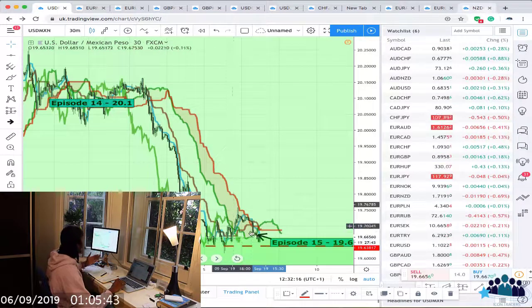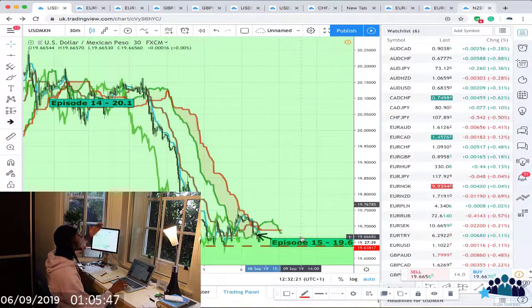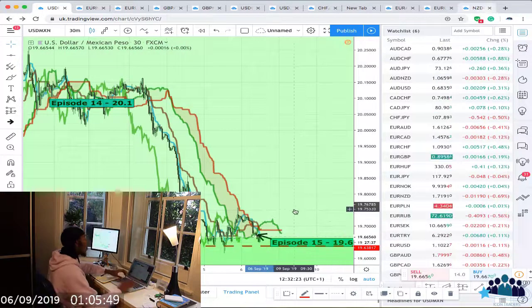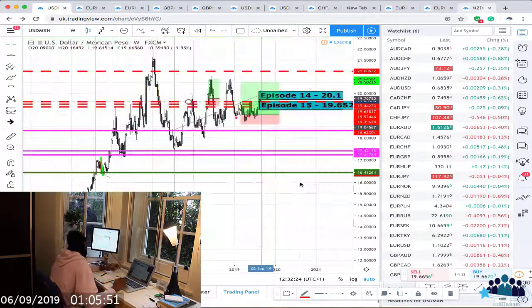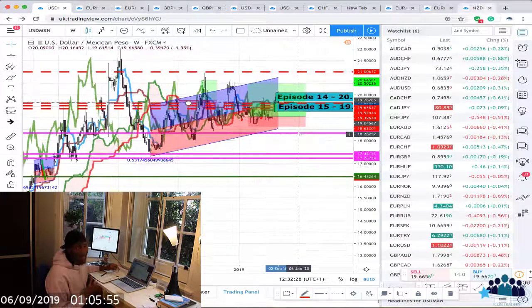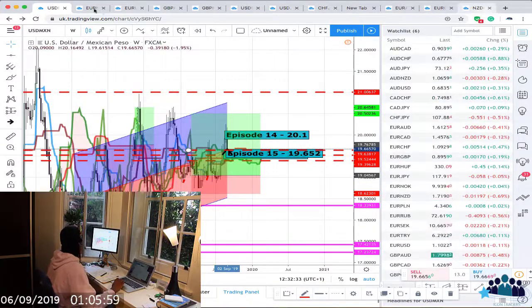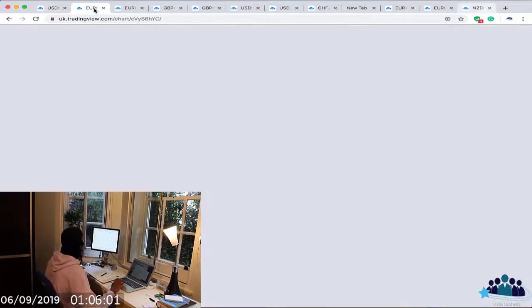So what I'm expecting is for it to bounce around this level some more until it crosses to the top side of the Ichimoku cloud, and once it does, it should continue to soar to a nice take profit of 20.5. So that's that for USD MXN, and let's keep it moving.